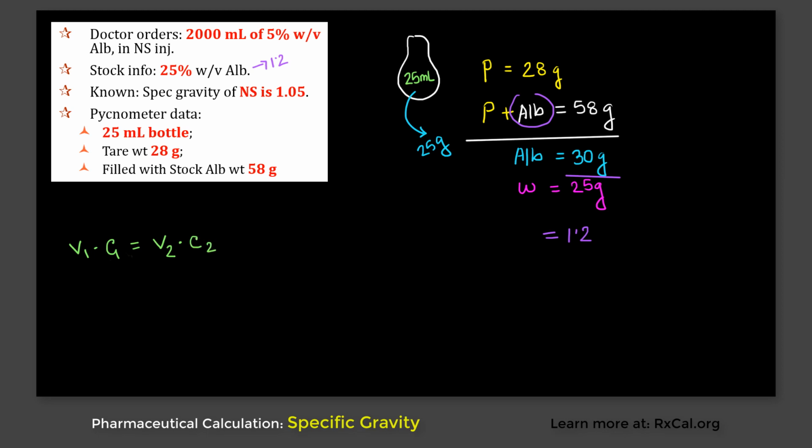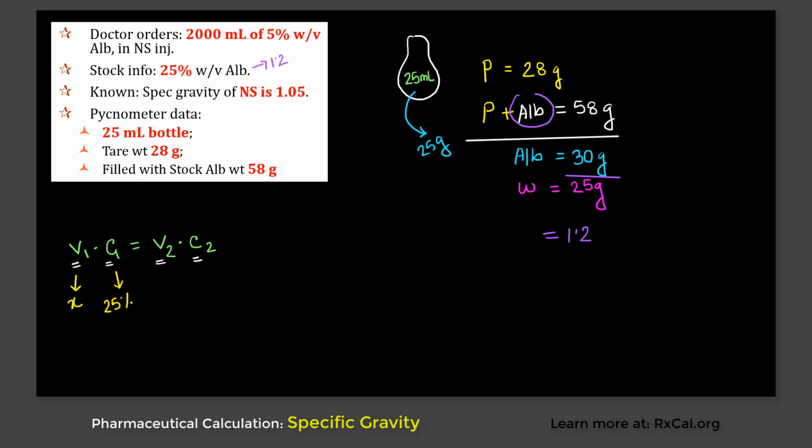V1 would be the initial volume, C1 is the initial concentration, V2 is the final volume, and C2 is the final concentration. So let's say 25%, the higher concentration, is the initial status. So in here, this is going to be unknown. We don't know the volume, X, but we know the concentration. This is going to be 25%.